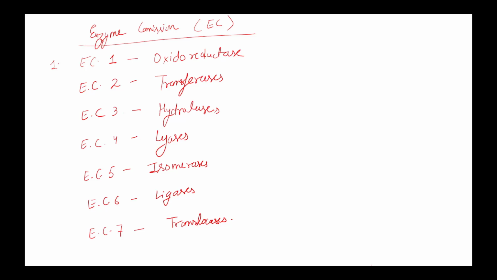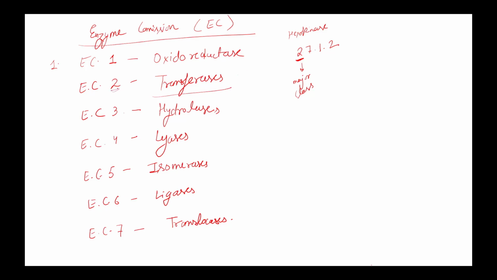The Enzyme Commission number generally has 4 digits, or 4 parts. For example, for hexokinase the Enzyme Commission number is 2.7.1.2. The first part defines the major class, which being 2 here is the transferases.